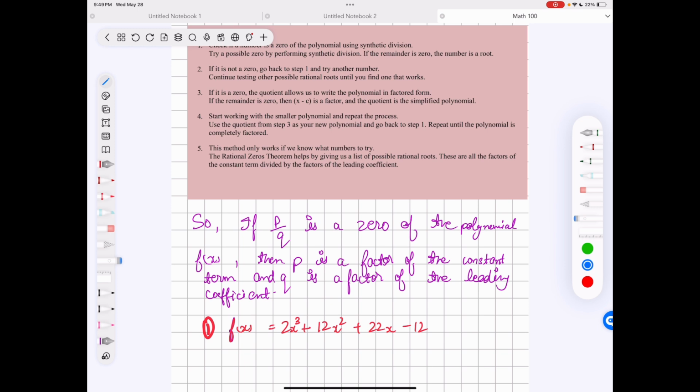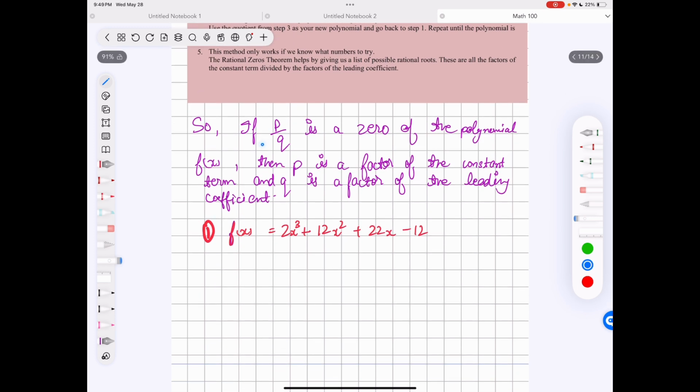This method only works if we know what numbers to try. We cannot just try any numbers. The rational zero theorem helps by giving us a list of possible rational roots. These are all the factors of the constant term divided by the factors of the leading coefficient.